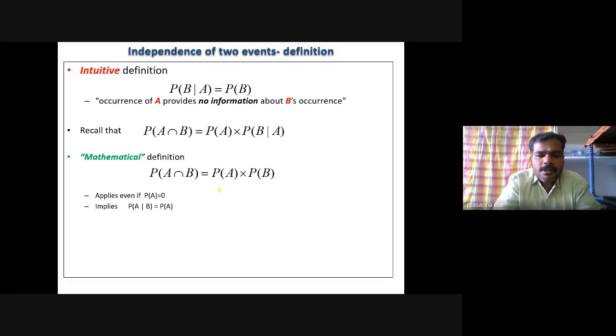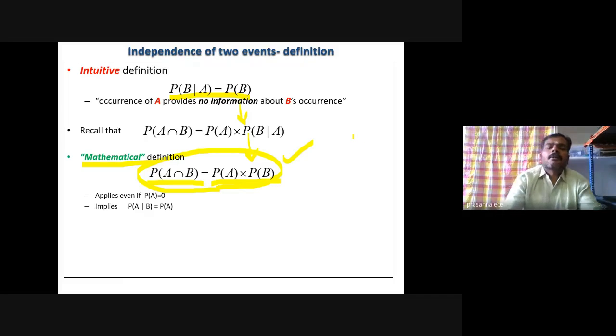We will take this as the mathematical definition of independence. That is, if the joint probability of two events is obtained by the product of the individual event probabilities, then we say those two events are independent events. This is the proper mathematical definition of independence, which is a consequence of the intuitive definition. The intuitive definition is applied in the conditional probability case, and using that we obtain this definition.